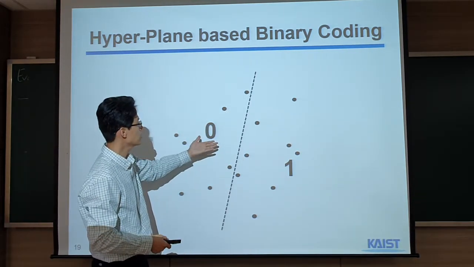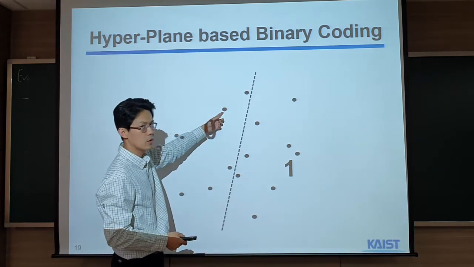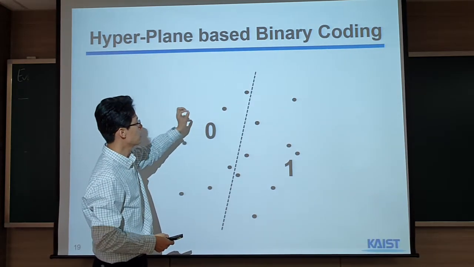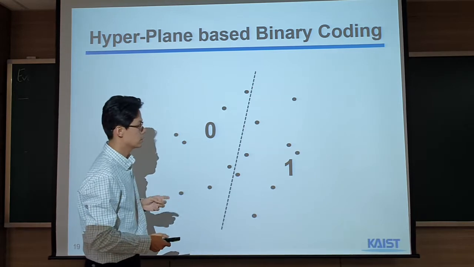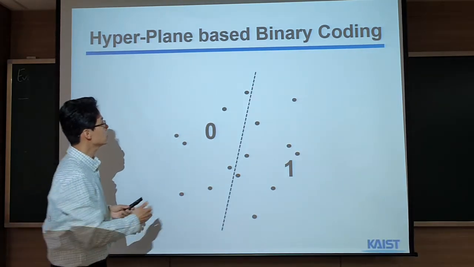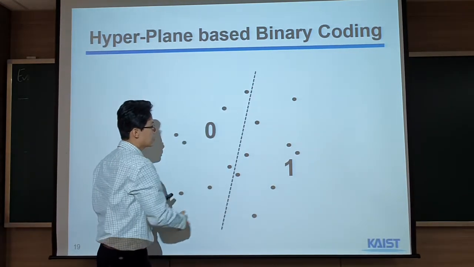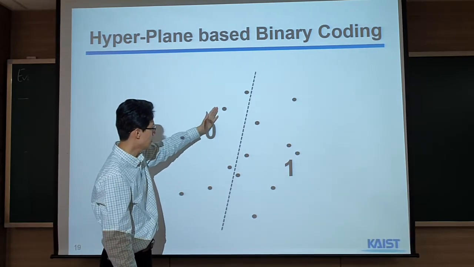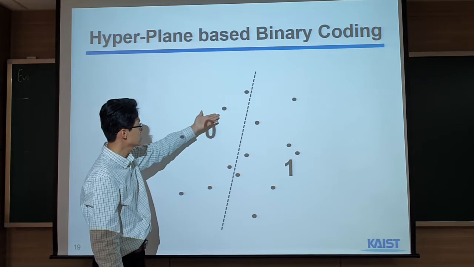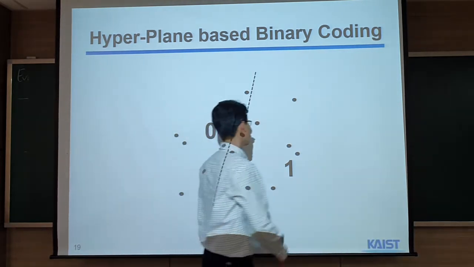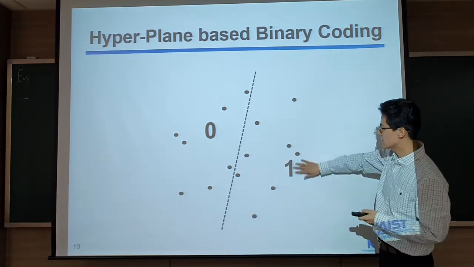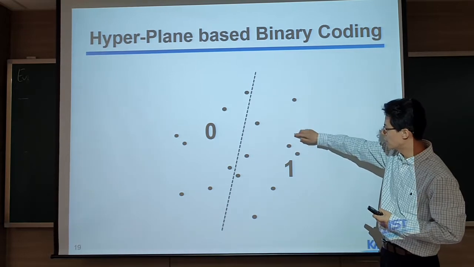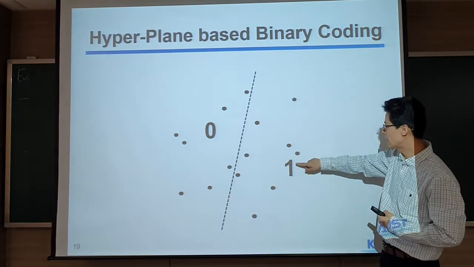Actually, you can treat each point as nothing but the encoding of one image descriptor, right? And then we just use this hyperplane, this line, and we treat all the points located on the left side of this line as having the 0 bit, and all the others as having the 1 bit code, the value of 1.